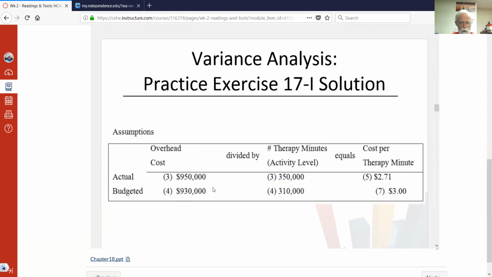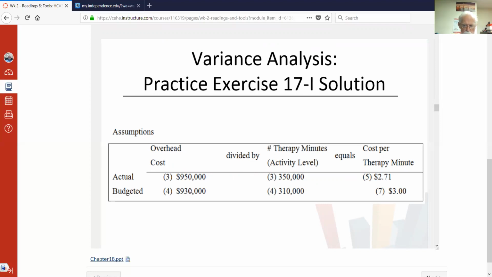So a good example here is looking at the actual versus budget on the therapy portion of our therapy departments in an organization. If we were looking at an actual cost of $950,000, and the therapy minutes, this is the activity level, that means that the actual cost per therapy unit was $2.71 a minute.